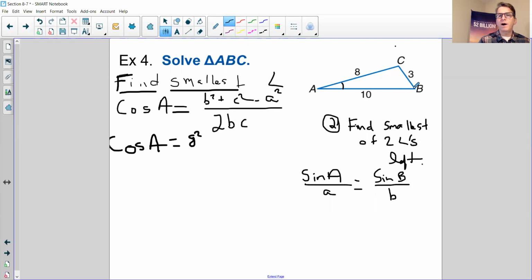Remember, opposite of the angle is the side. So that's B, 3 is A, and C is 10. Opposite of the angle is the little letter, and it's the side. A squared plus 10 squared minus 3 squared, all of that is divided by 2 times 8 times 10.